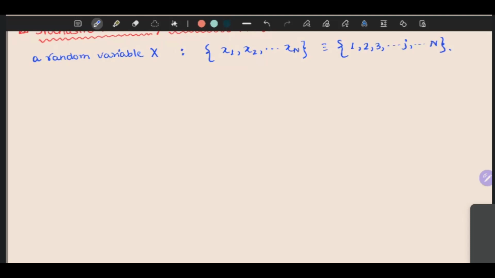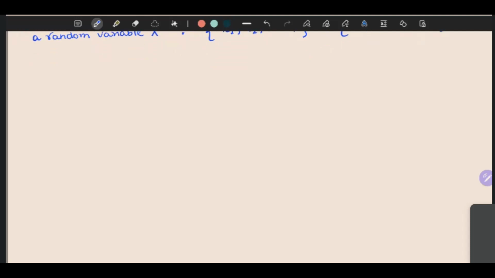Now let's say the sequence of times is t1 greater than t2 greater than t3 and so on. This is an arbitrary sequence of times.